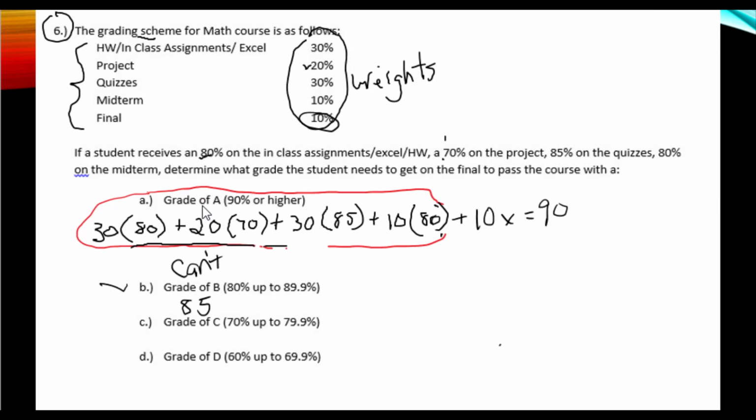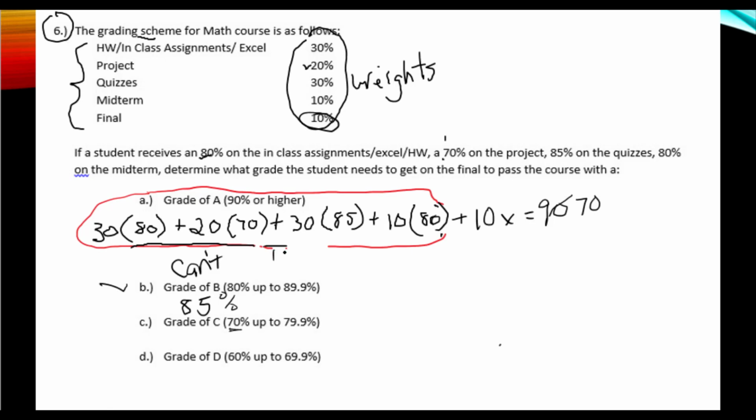So far we determined we can't get an A and you need an 85% or better on the final to get a B. For a C, you need a 70% in the course. So it's the same algorithm with this changed to 70.